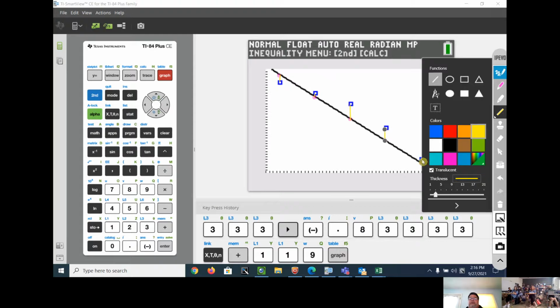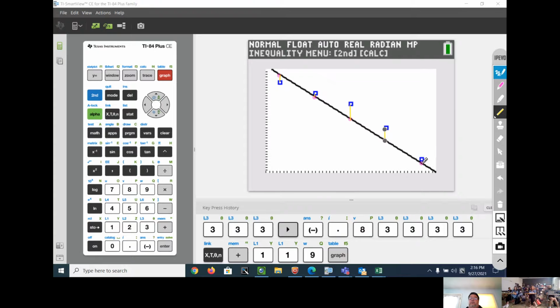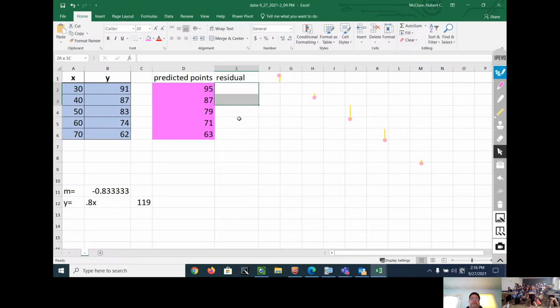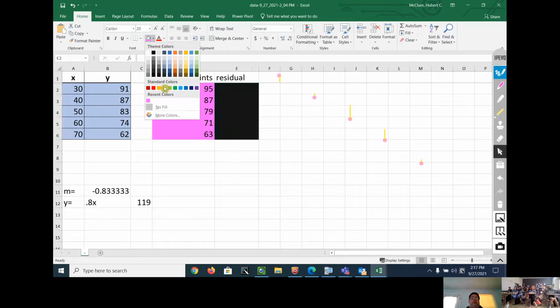We got to find the distance of that yellow line. And that's called the residual. So we go back to the Excel spreadsheet. Yellow.